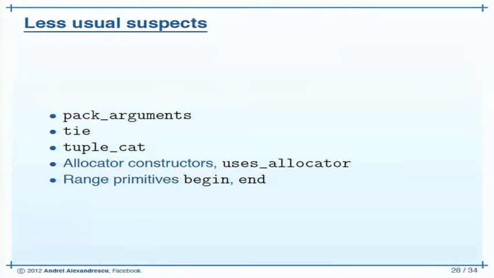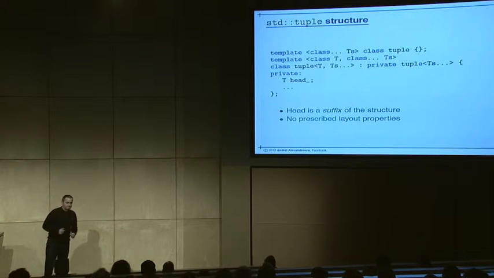Not so usual suspects, I'm not going to discuss so much because I'm going to focus on get. We have pack arguments, we have tie, tuple_cat, allocator constructors, uses_allocator, and some range primitives, begin and end. I'm not sure everybody implements all of these.